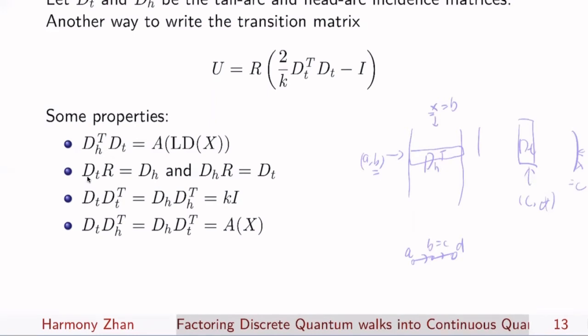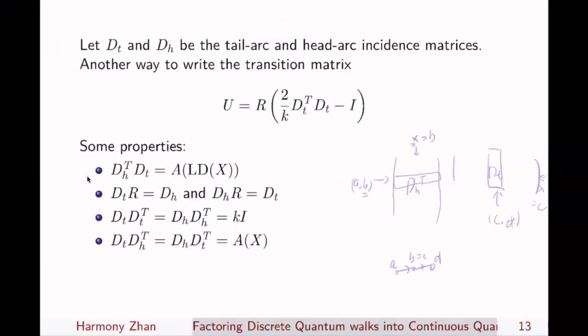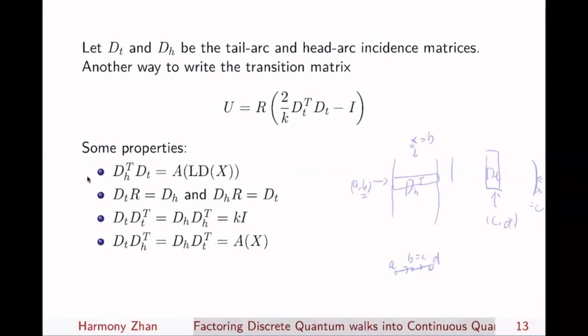The second property: if you think about what R does, it simply swaps the tail with the head of an arc, right? So when I hit D_T by R, I should get D_H, and vice versa.